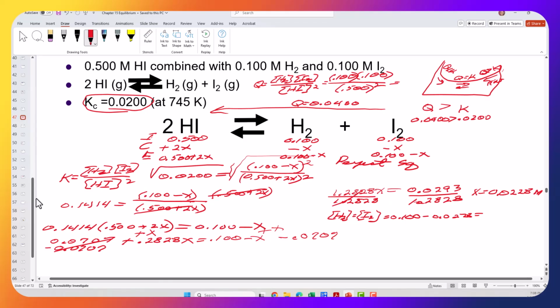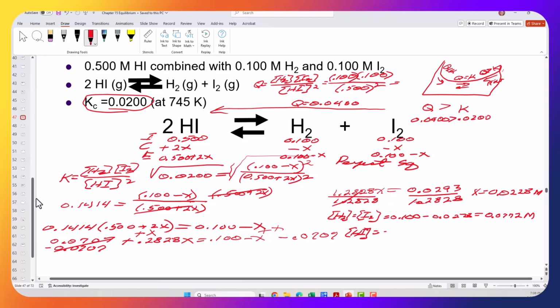And that gives me, looks like 0.0772. So here I've got 0.0772 molar. All right. And then finally, let's go ahead and get the HI concentration.